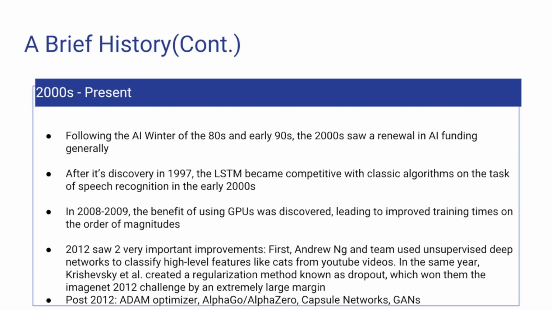So one of the big spurring moments in the revival of connectionist models and the start of deep learning as a field itself was probably the LSTM. After its discovery in 1997, the LSTM, which is the long short-term memory unit recurrent neural network, that's a mouthful, became competitive with these classic algorithms, not symbolic approaches, but things like bag-of-words models, things of that nature.